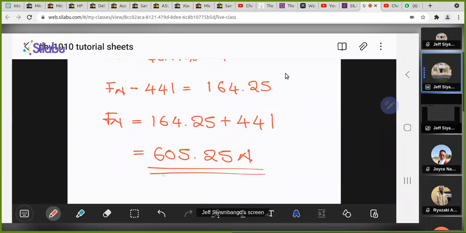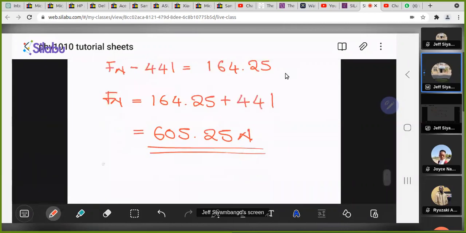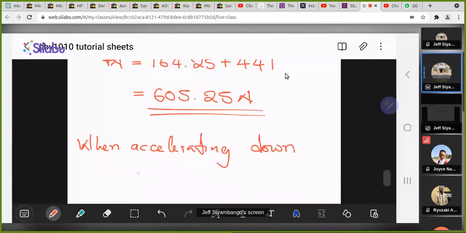Now, what if the elevator is going down? So when accelerating down, we recall that the acceleration will now be negative 3.65 meters per second squared. We're still starting with this expression, Newton's second law.